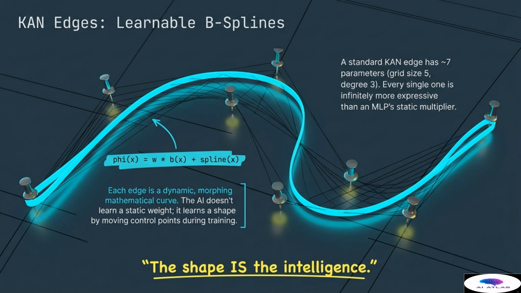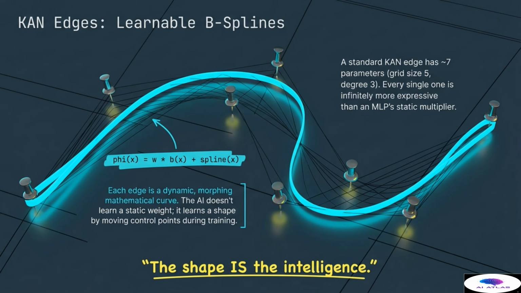A standard KAN edge might have about 7 parameters, which is more than a single MLP weight, but every single one of these edges is infinitely more expressive than a static multiplier. As the network trains, these curves shift and bend to fit the data perfectly. This is why we say that in this architecture, the shape is the intelligence.